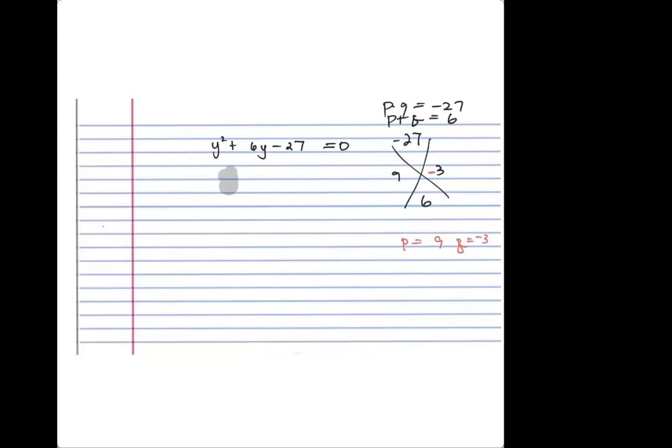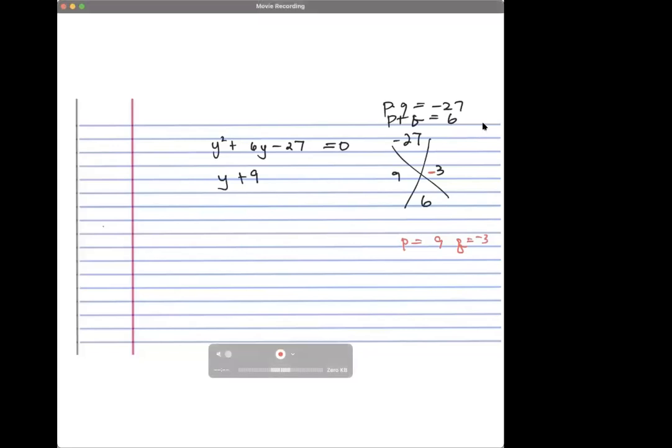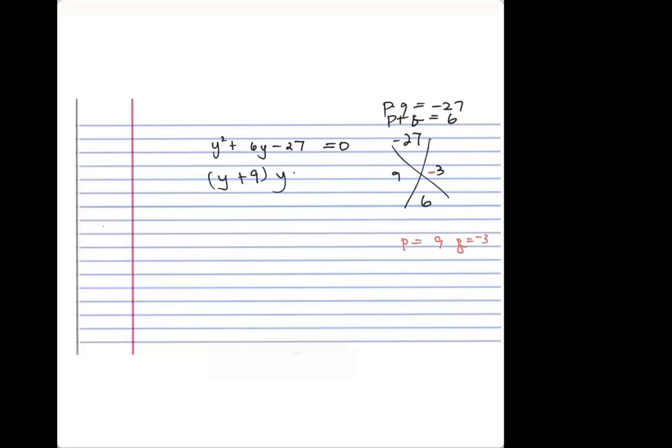So it's going to factor into y plus 9, and that's because I have a positive 9 there, and then y minus 3 equal to 0. So when I set each factor equal to 0, I get y plus 9 equal to 0, or y minus 3 equal to 0.